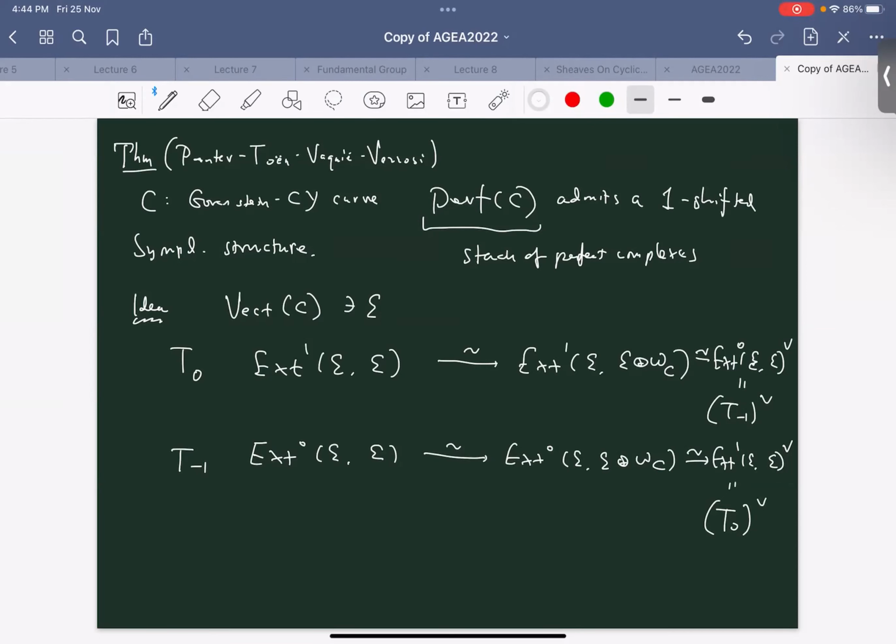We get T maps to shift of omega, or shift of T maps to omega. So this shift is exactly 1, because you send the 0 piece to the minus one piece, or really the 1 piece if you use the grading for omega. This is why it's one-shifted. This is at the infinitesimal and cohomology level.